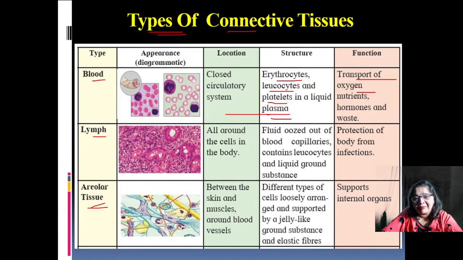If you see, the cells are of different types, loosely arranged and supported by a jelly-like ground substance, that is a jelly-like matrix, and certain fibers called elastic fibers. They help in supporting the internal organs of our body, mainly smooth organs. Such a type of tissue is the areolar tissue.